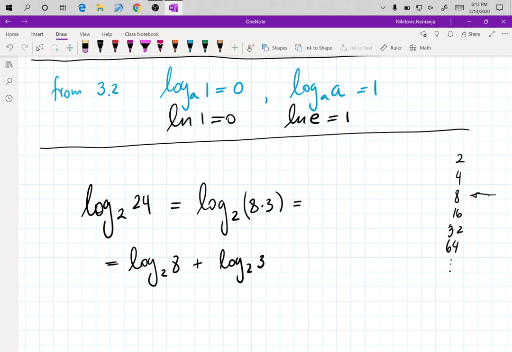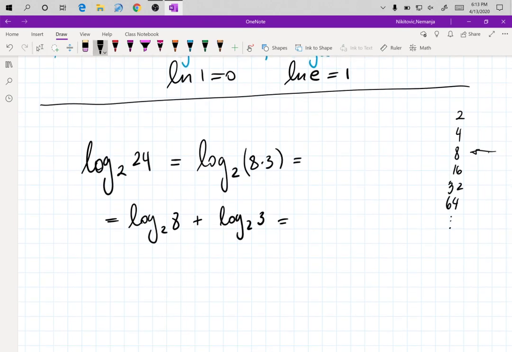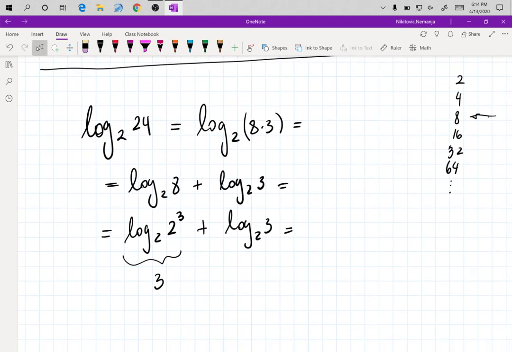Now we can compute this part here. That part is log 2 of 2 cubed, which is 3, because exponential functions are the inverses of logarithmic functions.